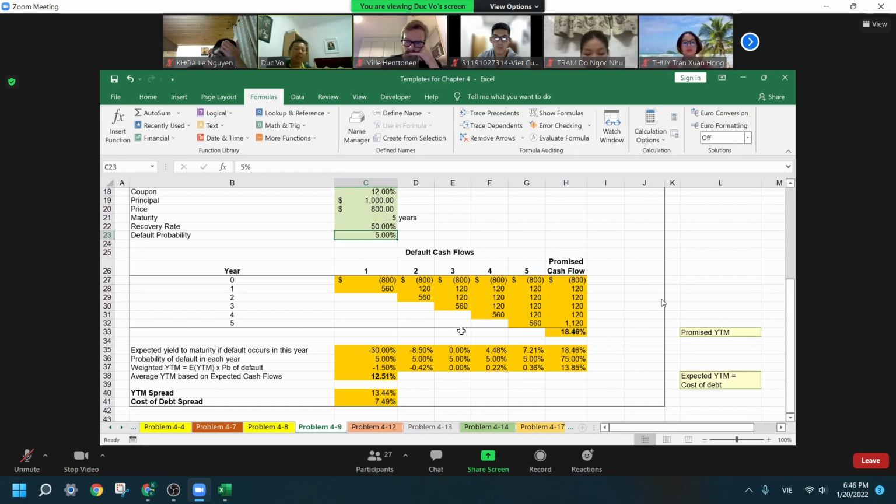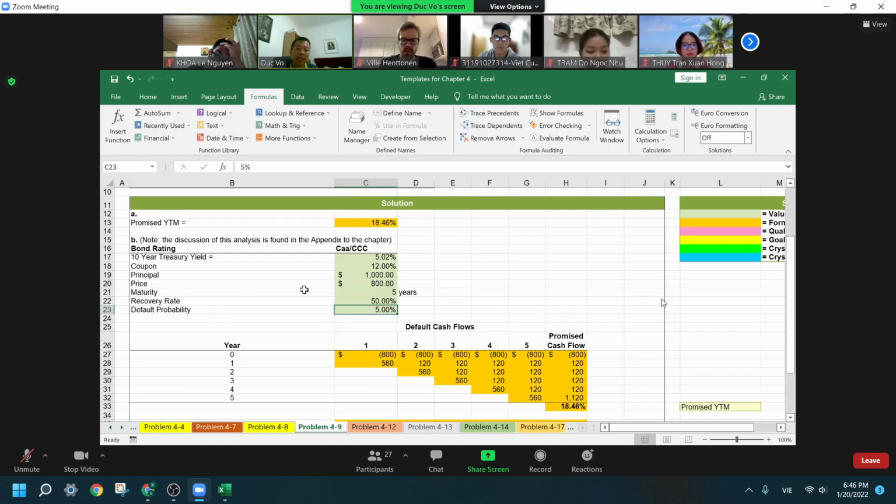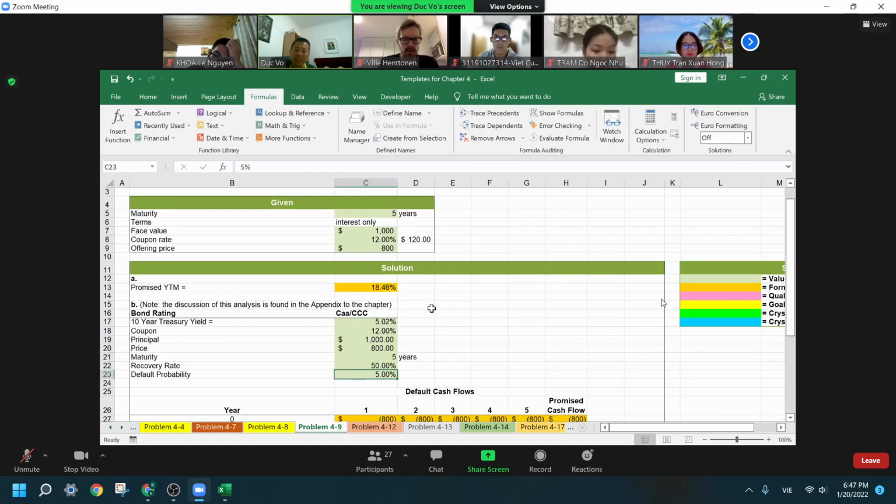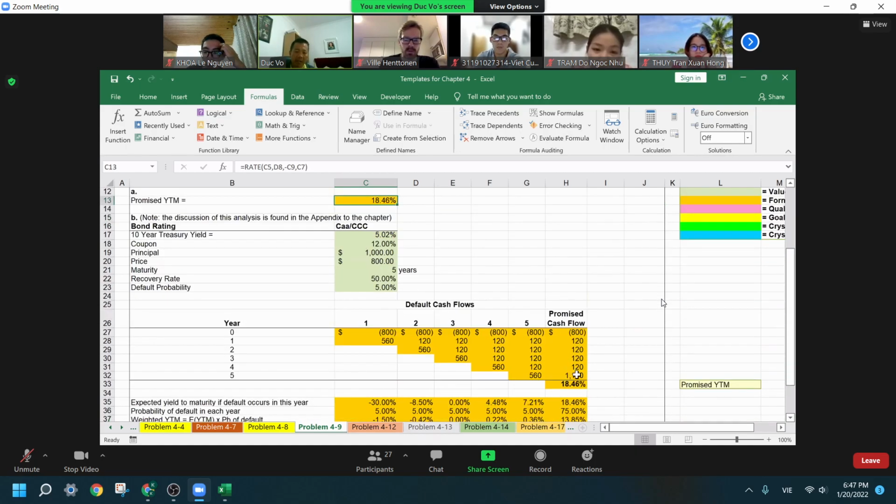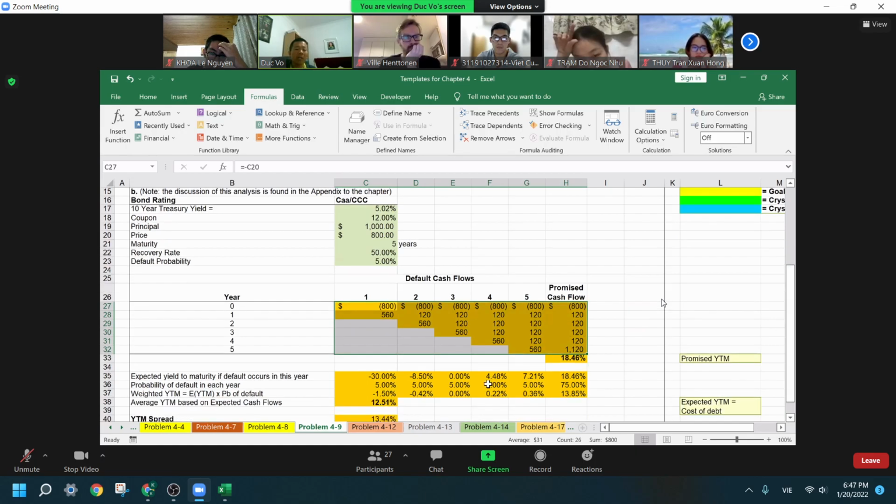So I say again, when you calculate your yield to maturity assuming no default for this bond, you think you earn 18% on your investment. It's wrong. When you consider everything in terms of the probability of default, actually you only earn 12.51%.